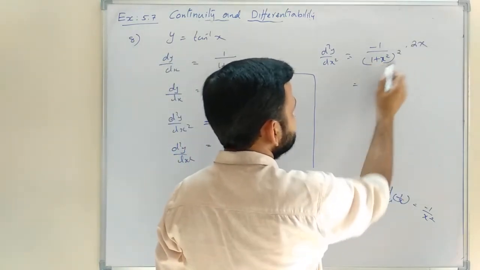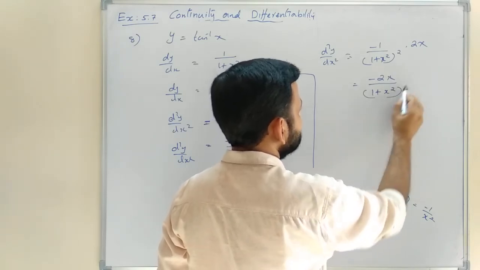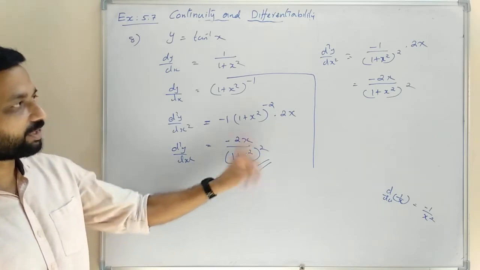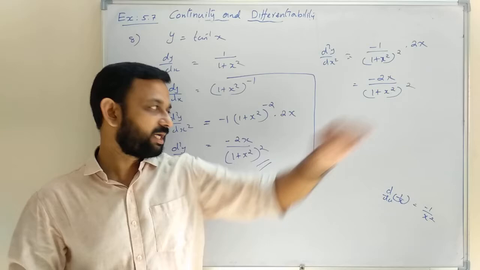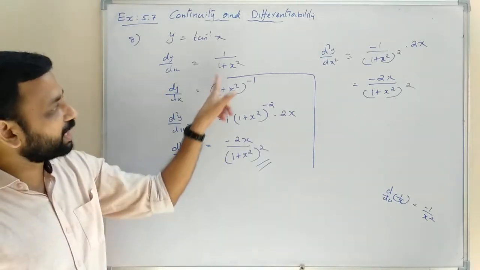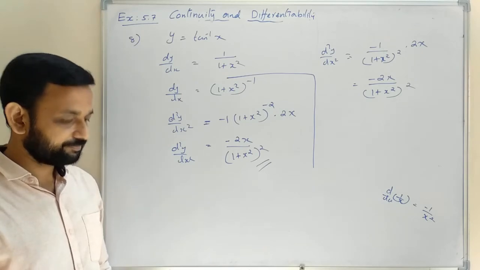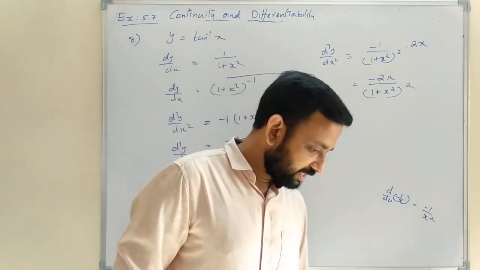So we get the same answer, minus 2x upon (1 plus x square) whole square. So when we apply this formula, we will do like that. Or we can take 1 plus x square from denominator to numerator. So we have done question number 8.